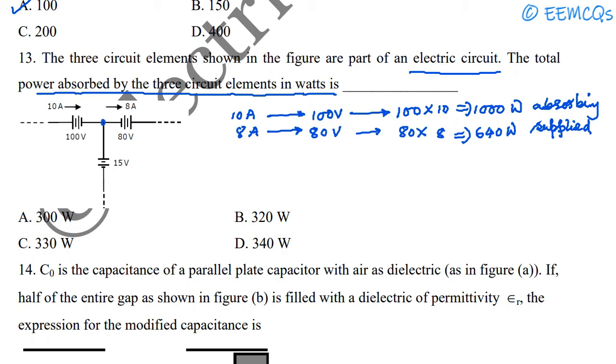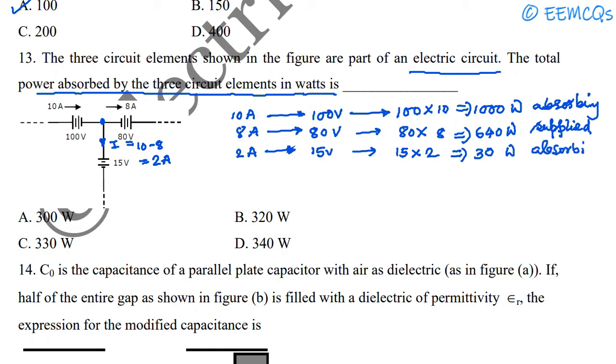As you see, this is a junction point. So if the current here is taken as I, then I will be equal to 10 minus 8, that is 2 ampere. This means this 2 ampere current is being supplied to the 15 volt source. That means 15 into 2, that is 30 watts of power is being absorbed by the 15 volt source.